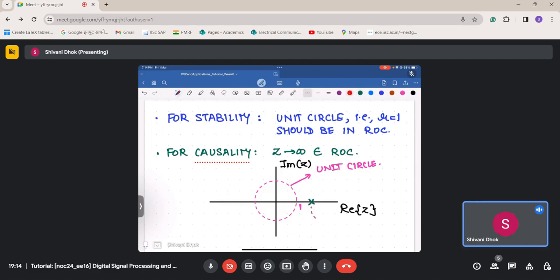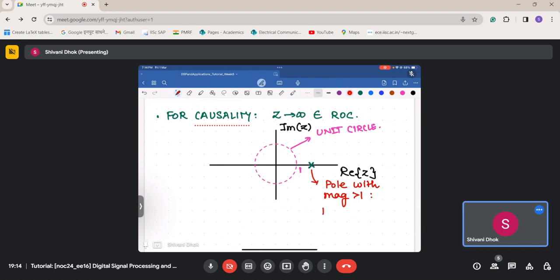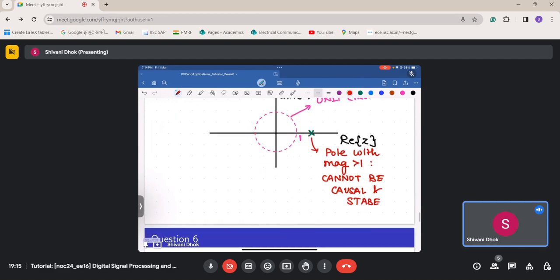So for these kinds of systems, where we have a pole with magnitude greater than 1, the system cannot be causal and stable simultaneously.